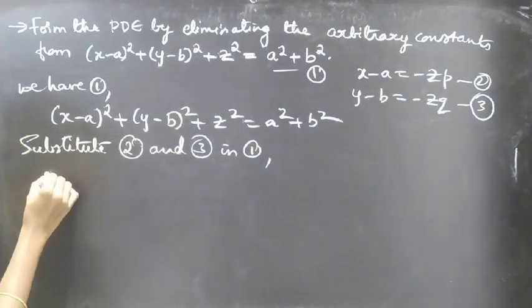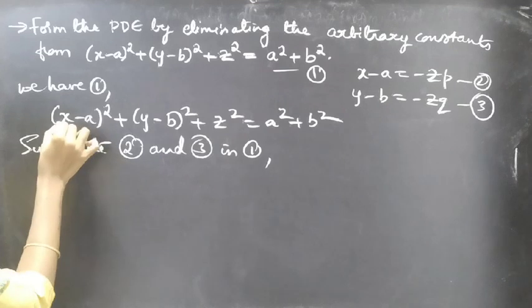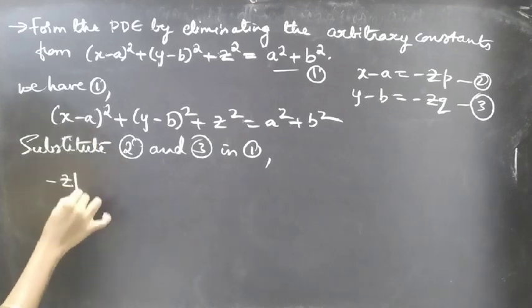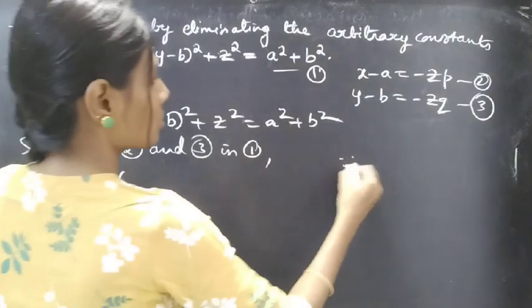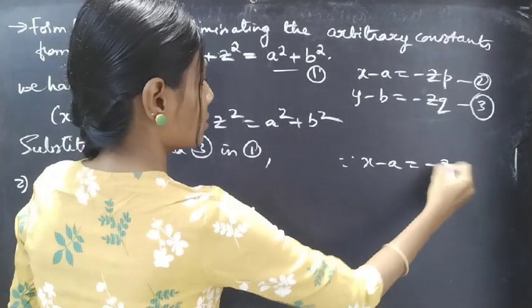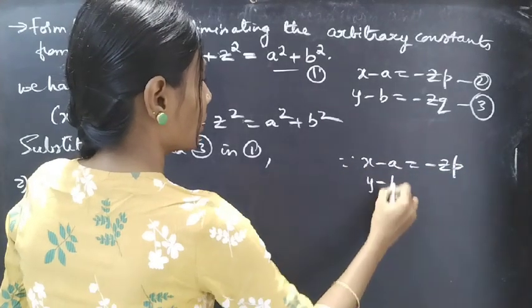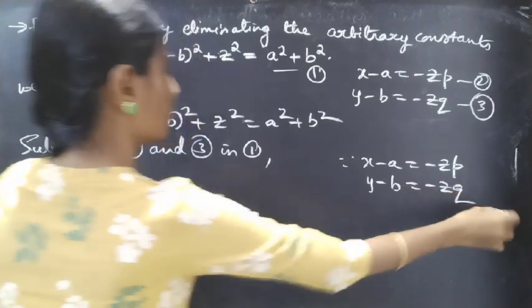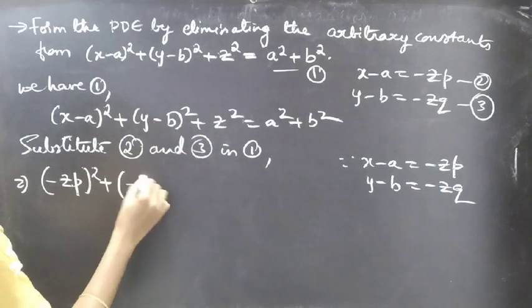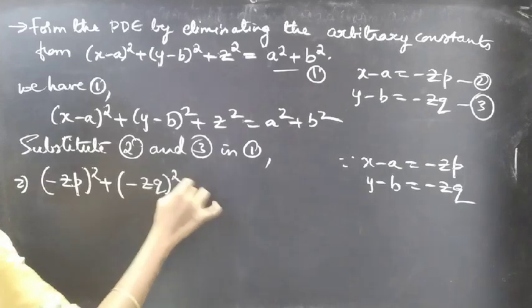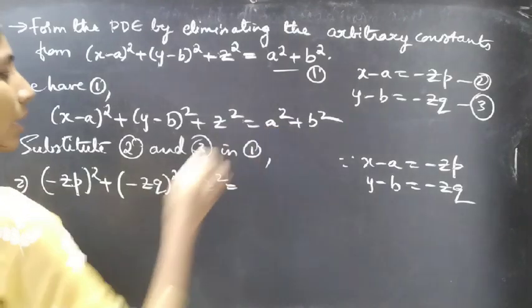By 2, you can just replace x minus a by minus zp whole square, since x minus a equal to minus zp, y minus b equal to minus zq. Replace y minus b using 3, plus z square equal to, you have a, right?